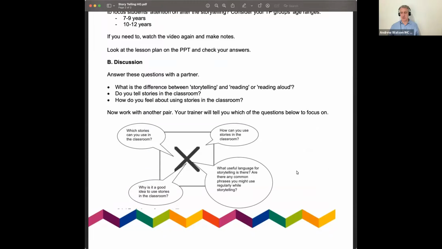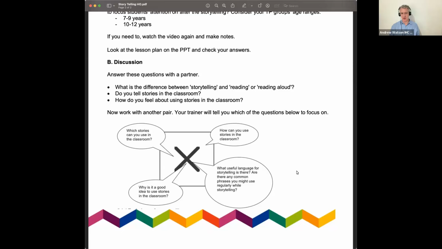And do you tell stories in the classroom? Yeah, sometimes. For example, today we read a story, but we need to relate it with another topic, and we need to take out some topics from there. So we need to tell stories to them.